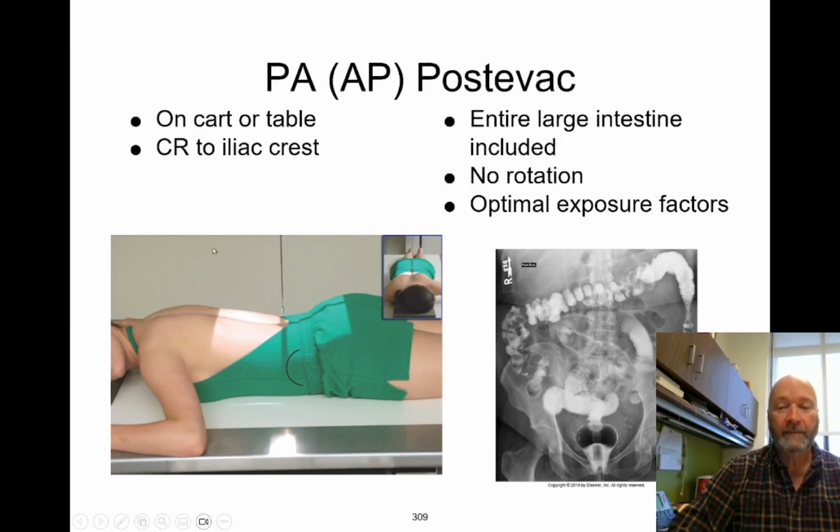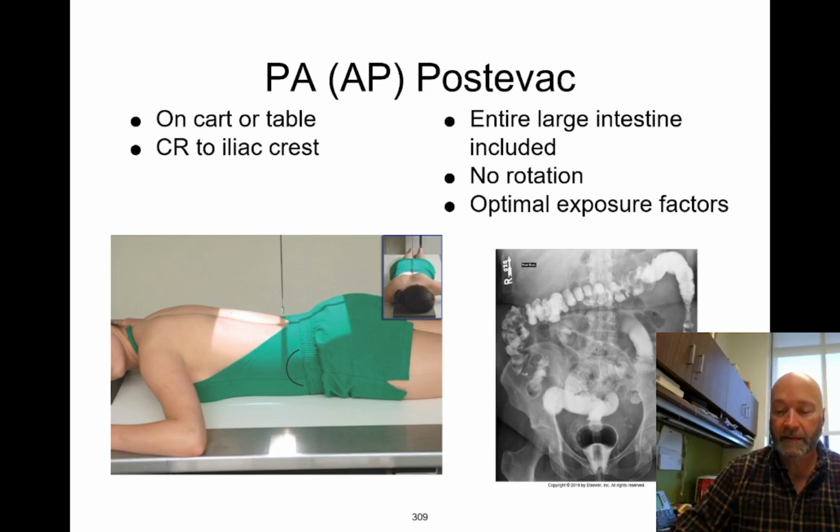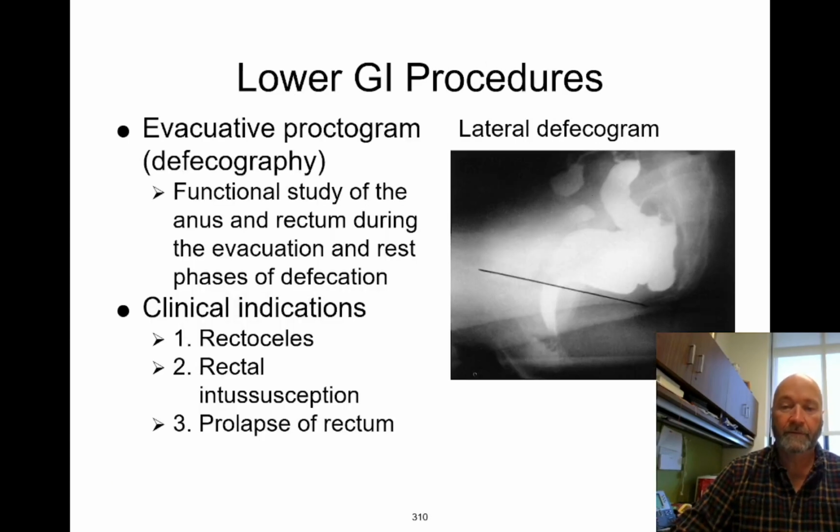This would, again, be after you did your lateral rectum, and you would follow the hospital protocol in however they wanted to do that. If they wanted you to just shoot the lateral with patient rotated up on their side, cross table with patient prone, cross table with patient prone with the enema tip pulled out. All of that was explained in the previous video.